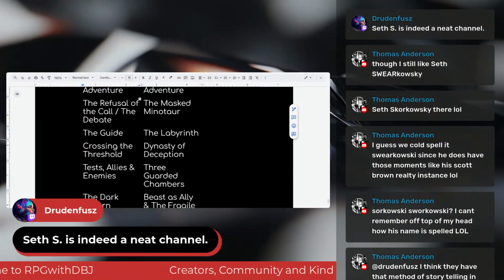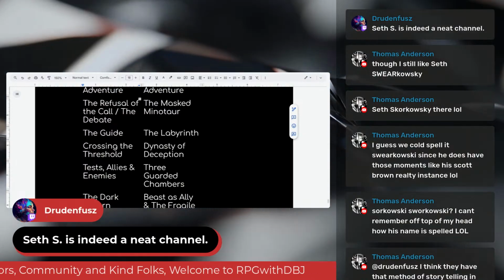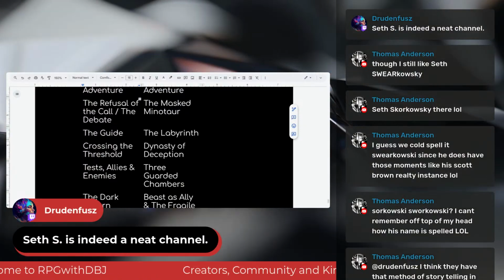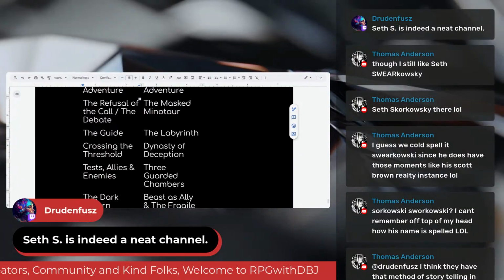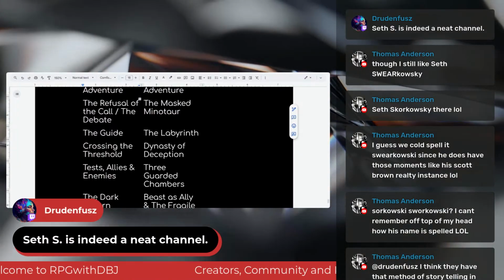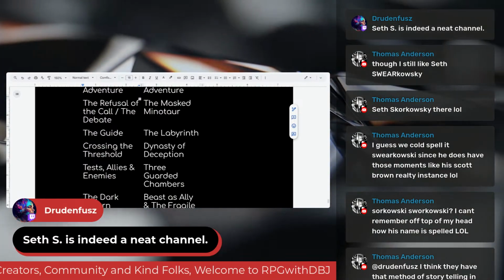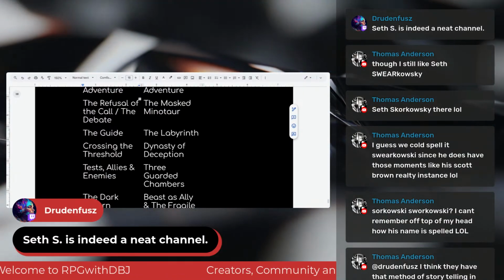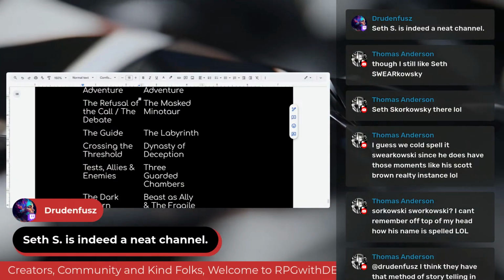Absolutely. Now we have Crossing the Threshold, and I guess Crossing the Threshold could be parallel to Entering the Labyrinth. So I just wrote the Labyrinth to encompass what the Labyrinth is, entering the Labyrinth, and then navigating it all as one. The Crossing the Threshold and Dynasty of Deception are two categories. Crossing the Threshold is basically the physical or mental journey our character goes on. We often see this physically.